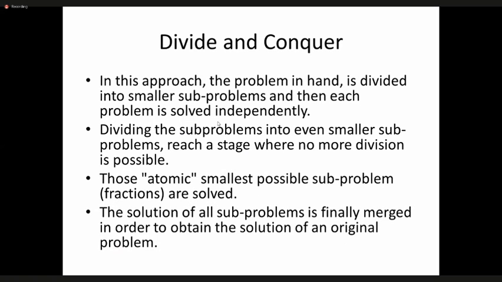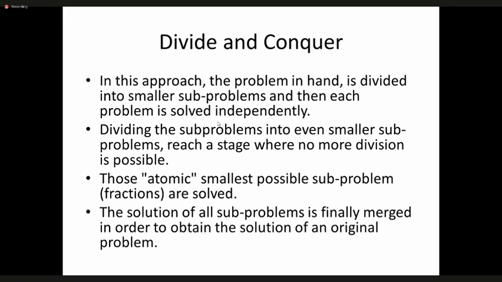If we consider divide and conquer, in this approach, the problem in hand is divided into smaller sub-problems, and then each problem is solved independently. Right? The big problem is a bigger one, then it will be divided into smaller sub-problems, and the sub-problems will be solved independently.